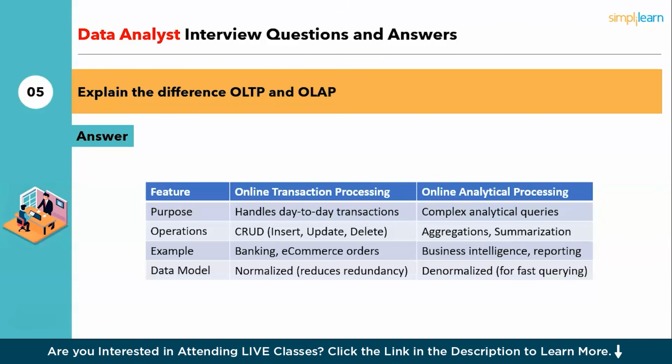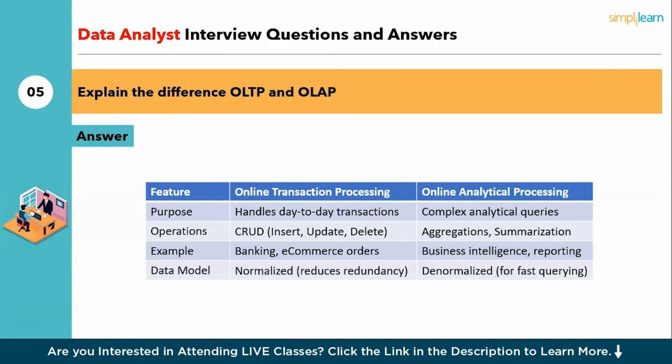Now the second one, operations. OLTP is regularly used for CRUD operations, which are create, read, update, and delete, and you will be using the insert, update, and delete commands here. Whereas OLAP uses aggregate functions and summarizations, which are basically sum, difference, median, mean, average, etc. And an example for both of these: with OLTP, you have banking and e-commerce orders which you place online.